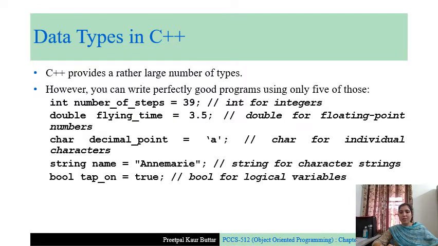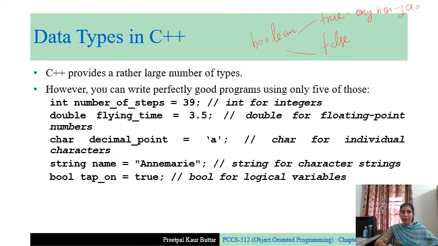And the last one is bool. Bool is for logic variables. What are logic variables? We will discuss in the next few slides. Bool actually stands for boolean. A boolean variable can store two values: it can be either true or false. Here the example is bool tap on equal to true. True here means any non-zero value.